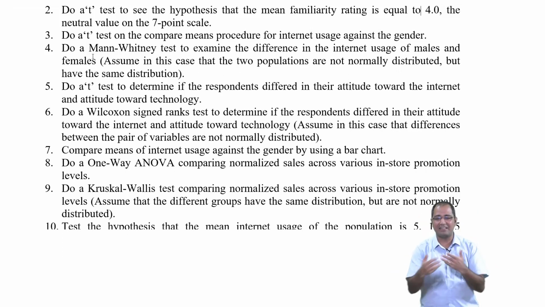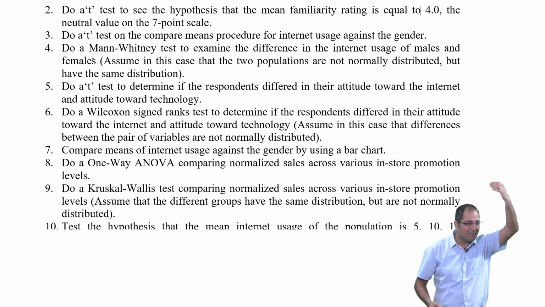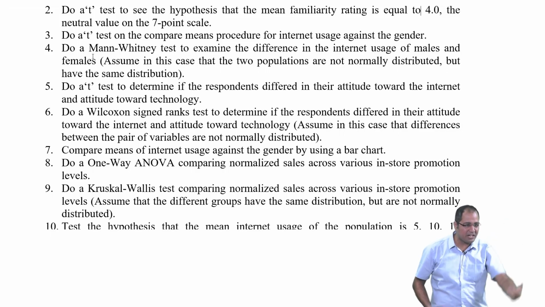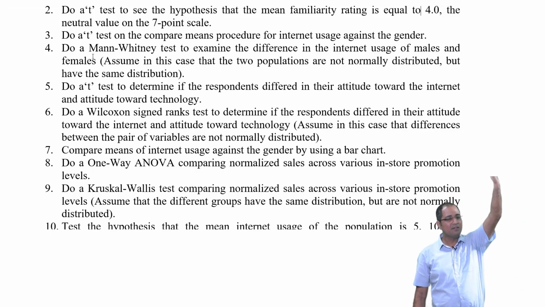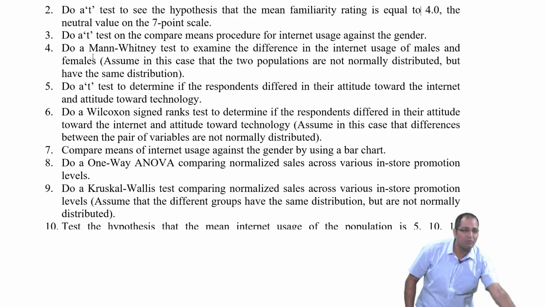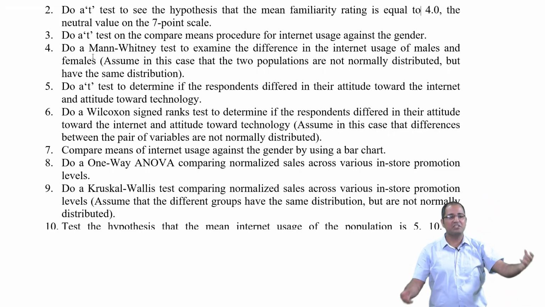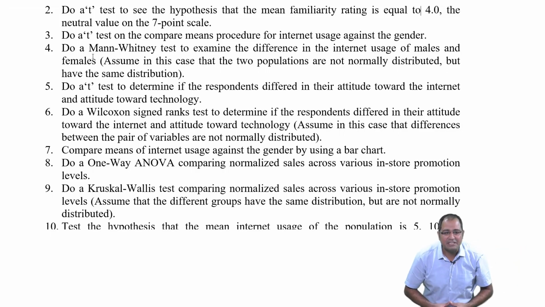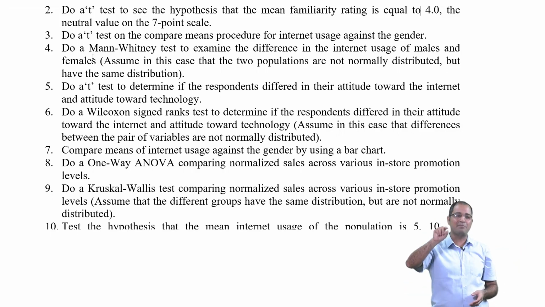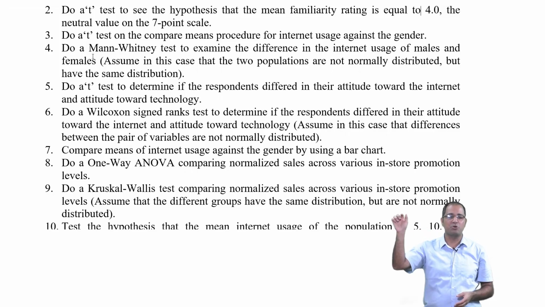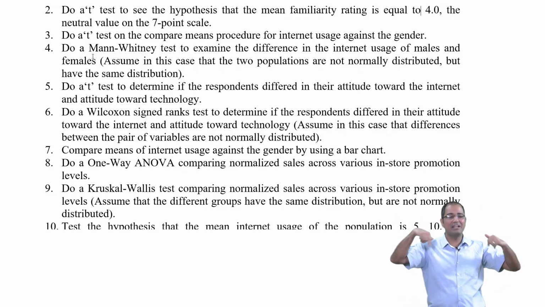Let's say it would have been in rankings from 1 to 30. If that data would have been rankings, you cannot use the independent sample t-test, which is parametric. Parametric is for metric variables, interval and ratio. You have to use non-parametric, which is for ordinal.